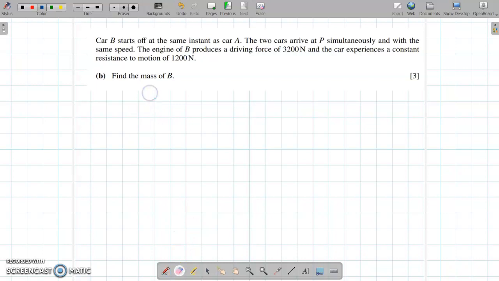So, kinetic energy will be half mv squared. It's half m times 25 squared, which will be 312.5 m.